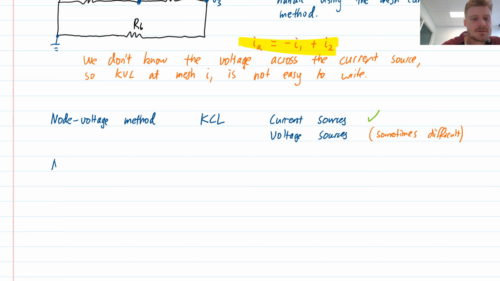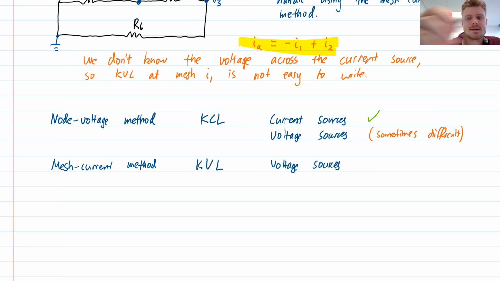On the other hand, we also have the mesh current method, and it works using Kirchhoff's voltage law. Because it uses Kirchhoff's voltage law, voltage sources are nice and easy.